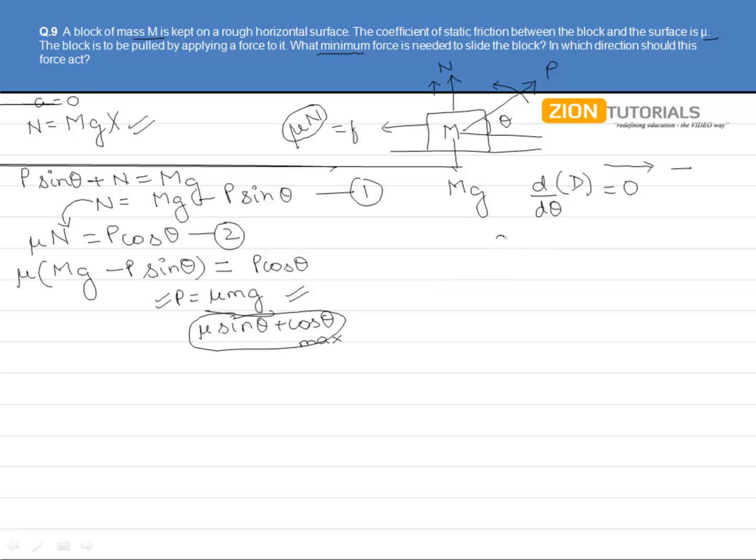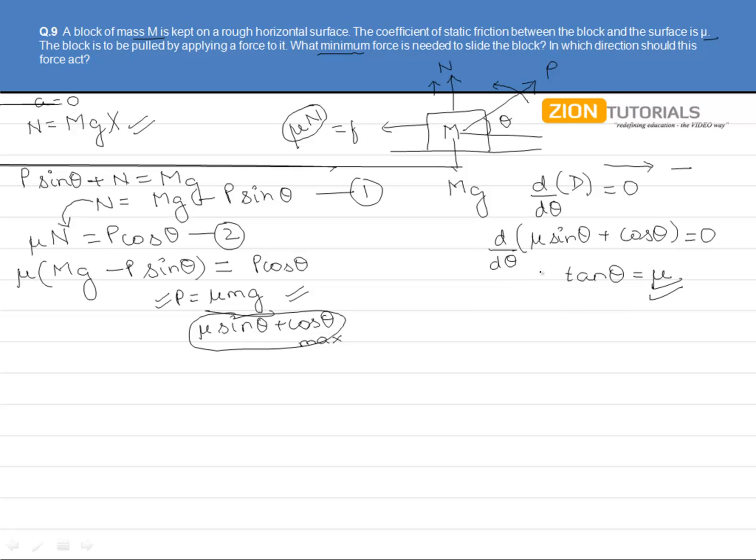So, calculating it, we get the value of theta for that condition, that is mu cos theta minus sin theta equals 0, giving us tan theta equals mu.